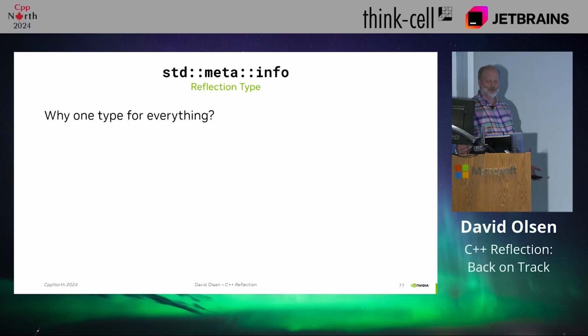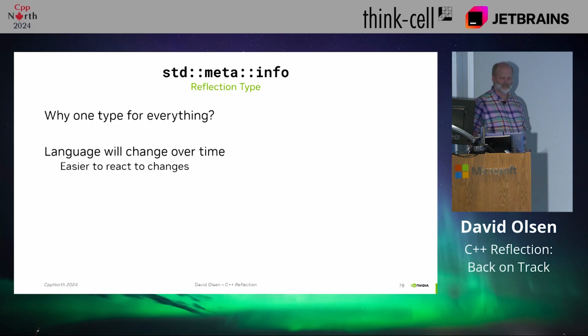Why one type for all reflection values rather than different types for different kinds of things? Like in C#, two reasons. First, the C++ language has changed in the past and it will continue to change in the future. Reflection needs to represent the structure of the core language. Reacting to language changes will be easier if the structure of the language is not encoded in the type system.